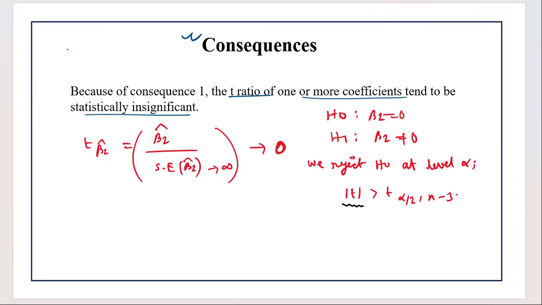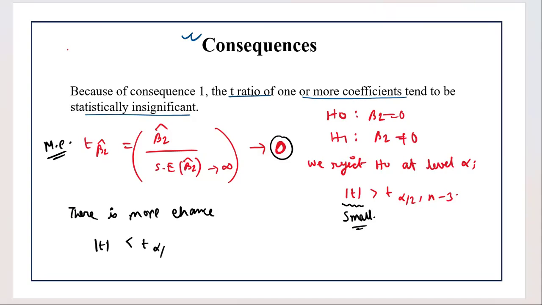But under multicollinearity, this t computed value is very small, right? Since t beta 2 cap is going towards 0, it's very small. Then what happens? There is more chance that the computed value of t will be less than t alpha by 2, n minus 3. I hope this is absolutely clear.